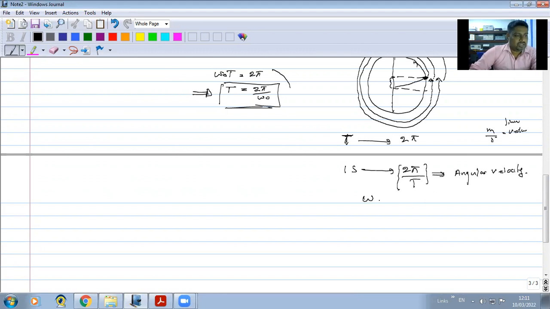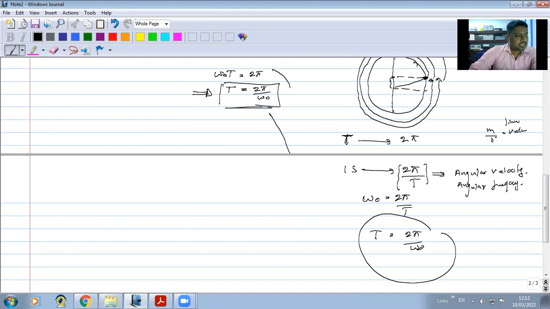So we also call this angular frequency. So omega naught is equal to 2 pi by T. So what is T? T is equal to 2 pi by omega naught. Okay, same result, no? Same result.